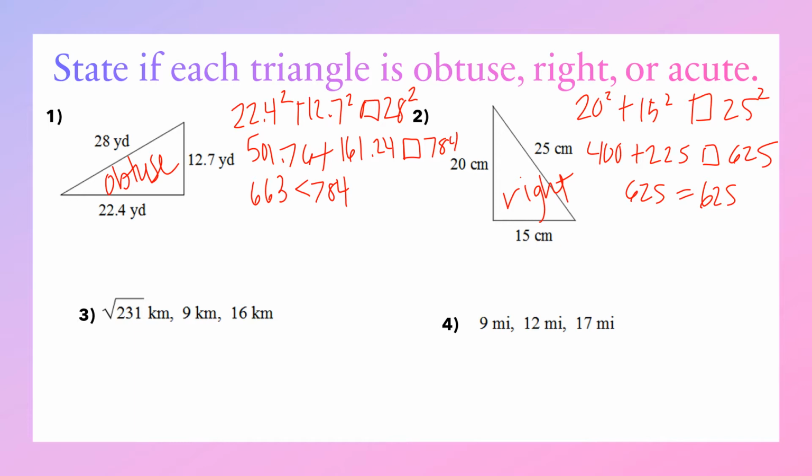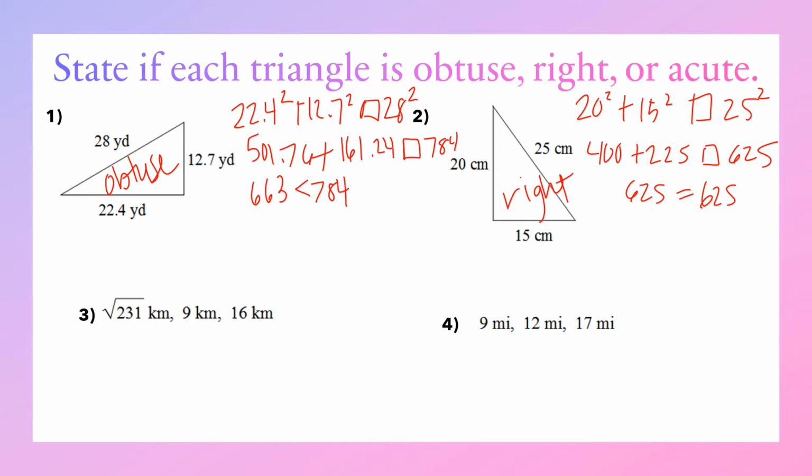Now 3 is something that you guys haven't seen before. So you have this square root of 231. We know that 9 is potentially the smallest side. But what about the square root of 231? You need to figure out where that lies within your other two sides.